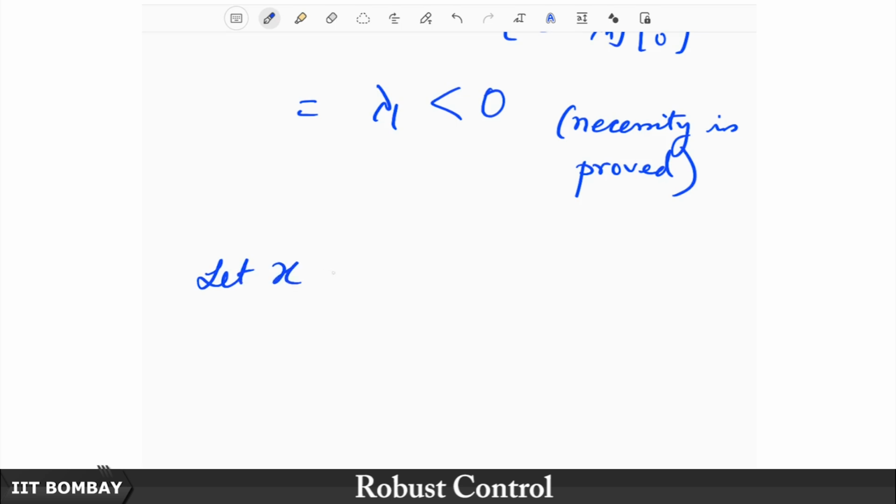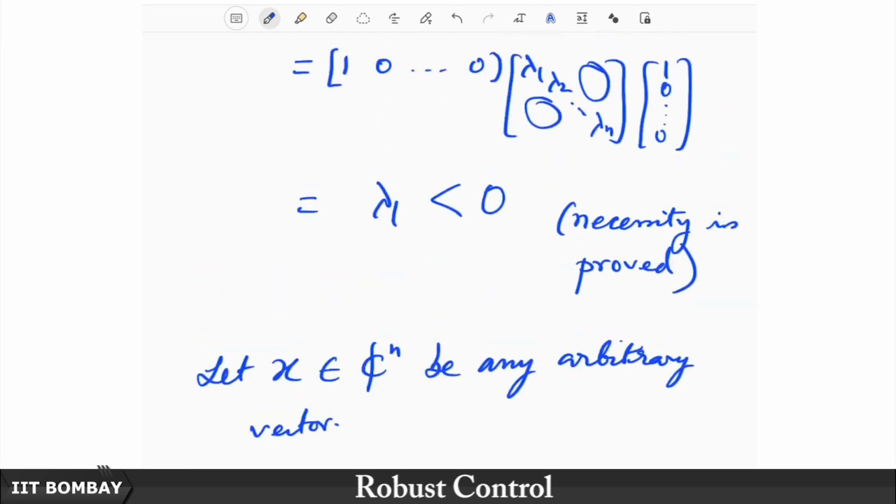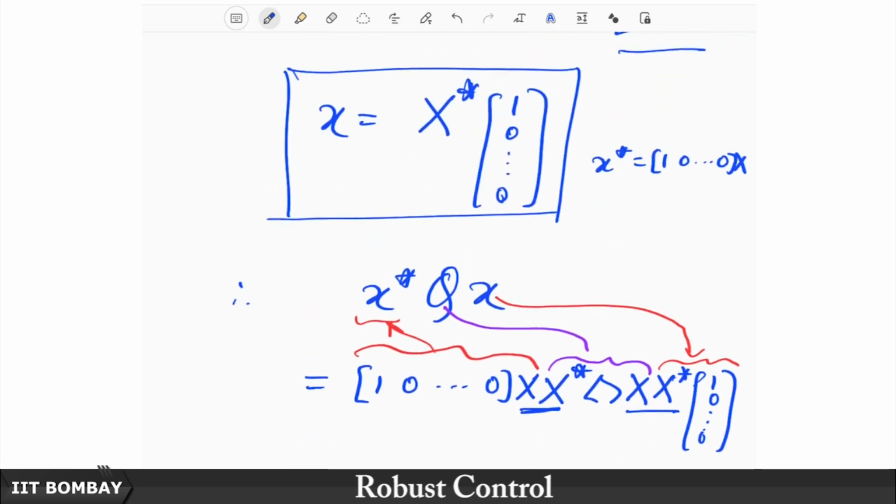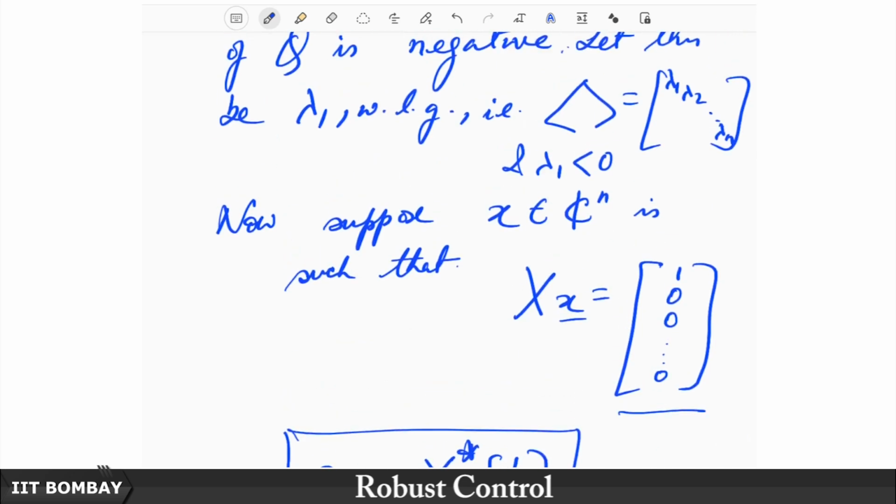Let x belonging to Cn be any arbitrary vector, right. If it is any arbitrary vector, then I can easily express it as a linear combination of some vectors in a given basis, right. So it just depends then on what sort of a basis I choose.